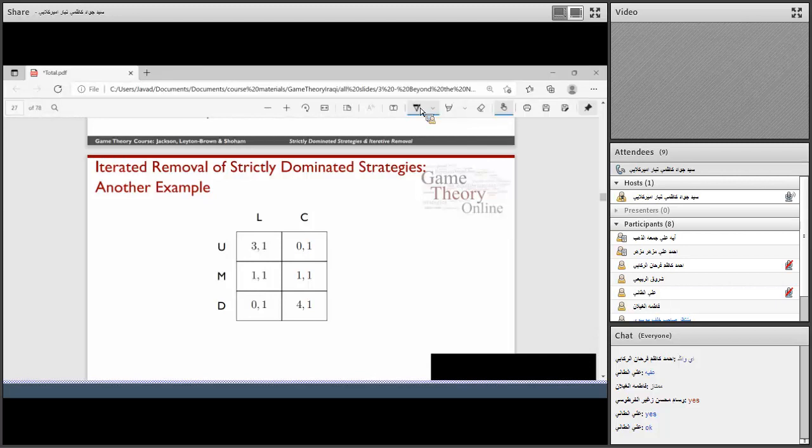Now, again, if I look at player 2, there is no dominant strategy here, right? These will be compared together, and they're all the same. So there's no dominant strategy if we start with player 2.